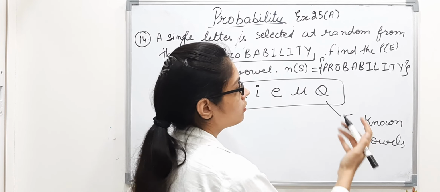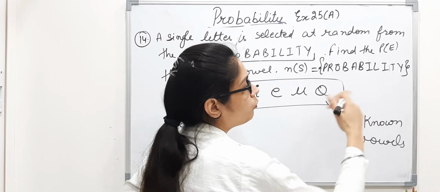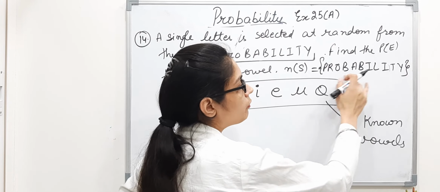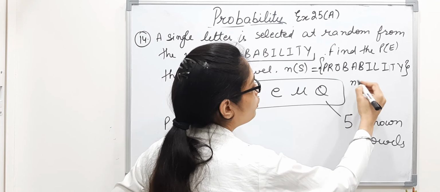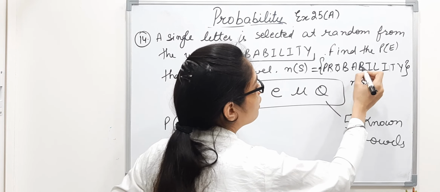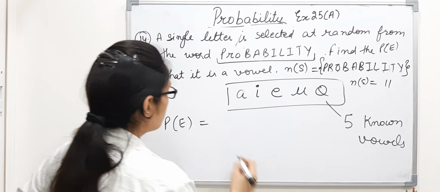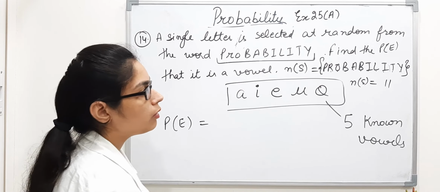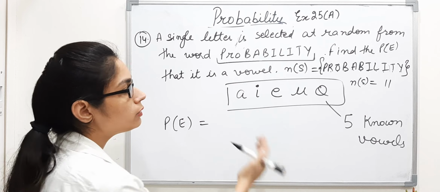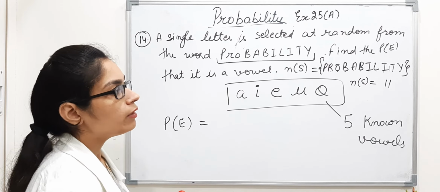Sample space means again the same thing, all the possible outcomes. I have arranged it. Now we will count: 1, 2, 3, 4, 5, 6, 7, 8, 9, 10, 11. Now I have to see the vowels. I have to find the probability of getting a vowel.